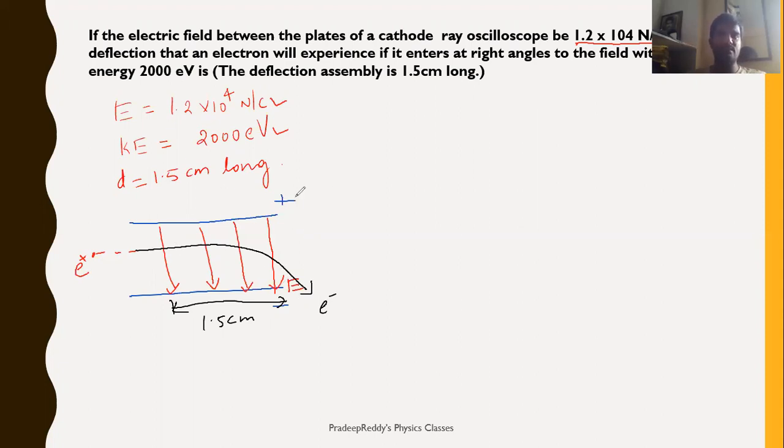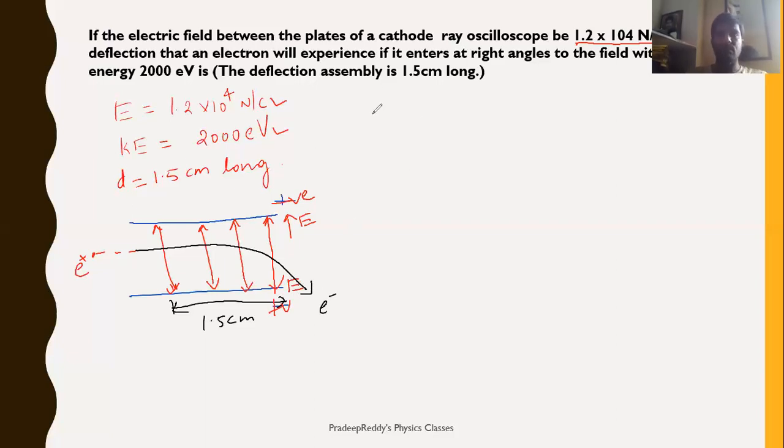So as it is being given electron over here, we will be taking these directions as upward. Here it is negative and here it is positive. Electric field is upward and charged particle is deflected in downward direction.